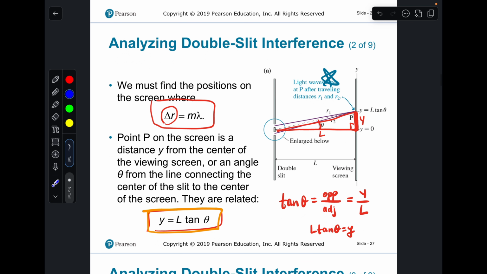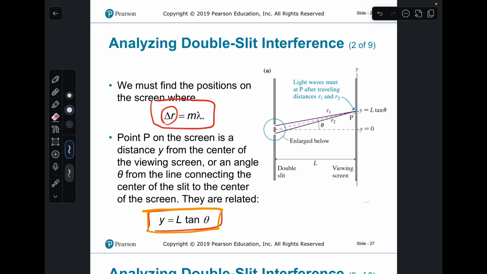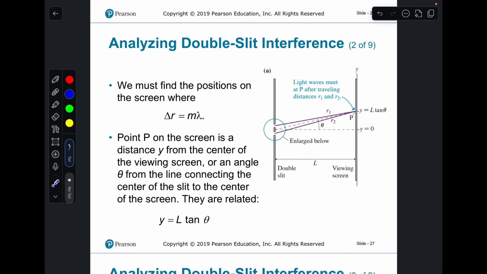So when we zoom in, let me erase all this and we'll bring it back. We must find positions on the screen where delta R is equal to m lambda, and you saw that there are multiple. So let's take an arbitrary one that is some distance y from y equals 0.